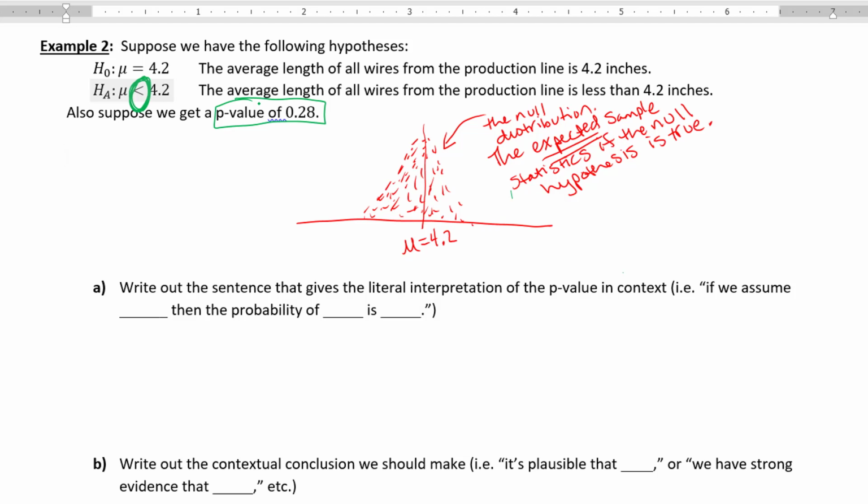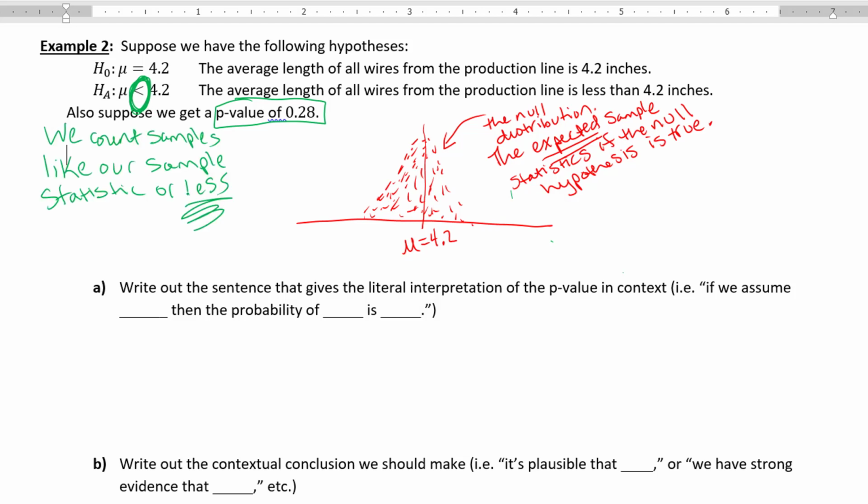In this case, since the alternative hypothesis is less than, we are going to count samples that are like our sample statistic or less. That means since the p-value is 0.28, the proportion of sample statistics that are like our sample statistic or less is 0.28. 28% of the sample statistics are like ours or less.